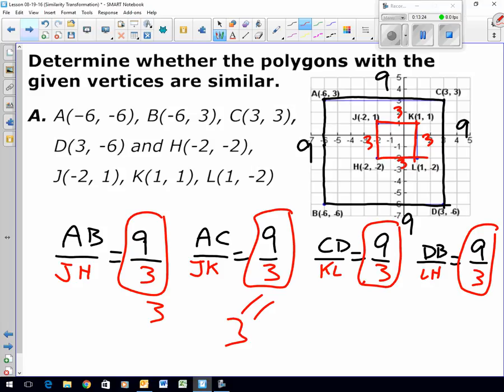Ethan, let me ask you a question. If I started at this square, JKLH, and I dilated this square to the larger figure, what scale factor did I use?